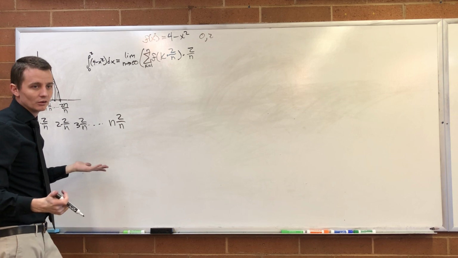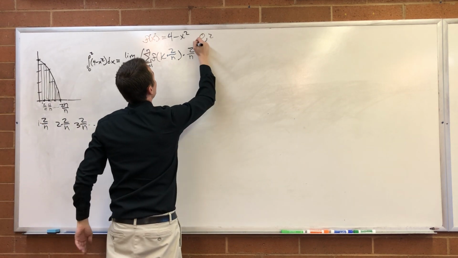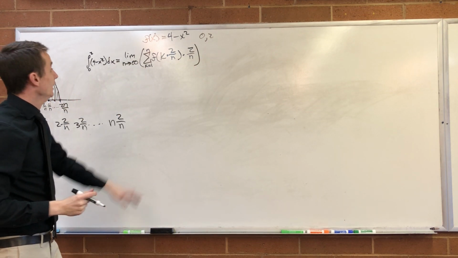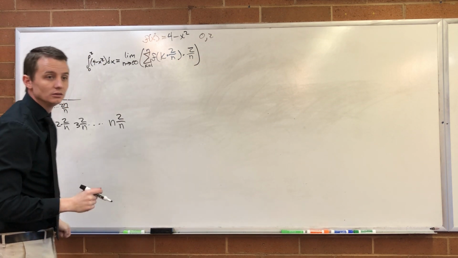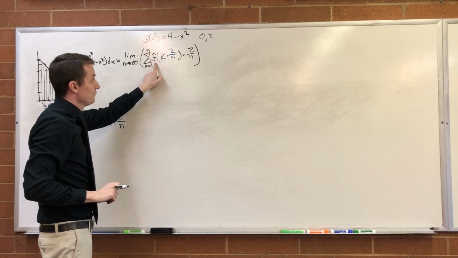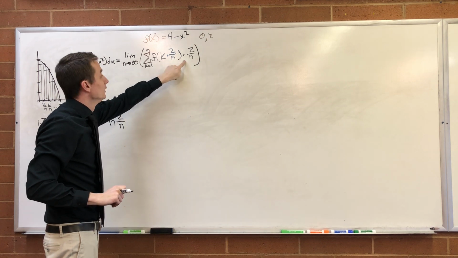So basically, it's f of k times the base. It's base times height of your kth rectangle. In general, it's f of some point in your rectangle to get the height, times the base.